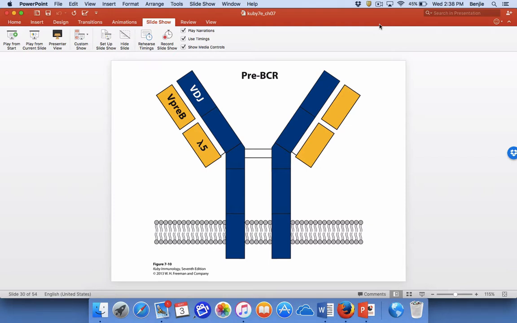Okay, before I talk about this slide, I want to give you kind of a quick definition of what affinity maturation is. Affinity maturation occurs in B cells around the variable region loci.